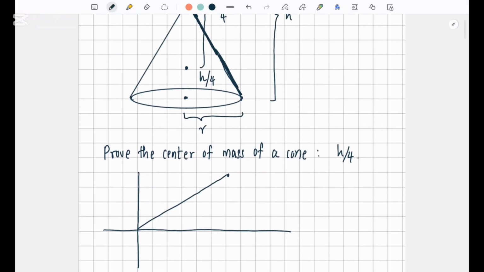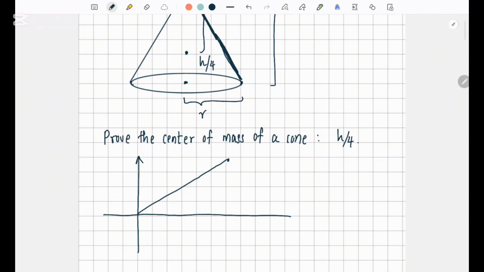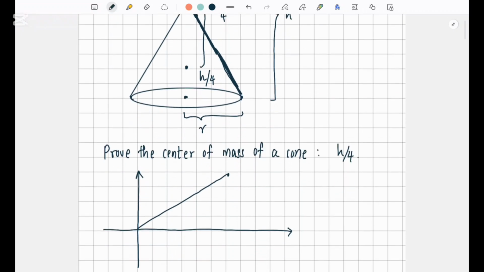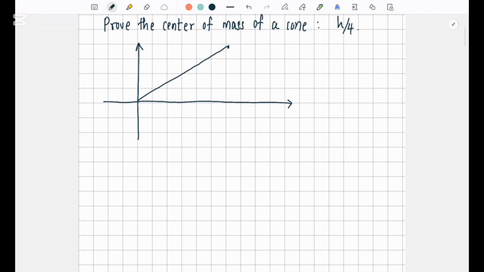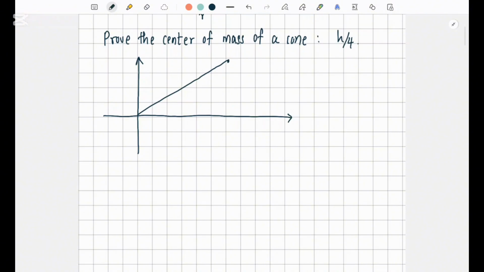So therefore, using this method, we can prove that the center of mass of a cone from the base is h over 4. Now you guys will have to know the formulas, because to find the center of mass of a line, we'll need to find the volume under the line, and then finally find the center of mass, right?